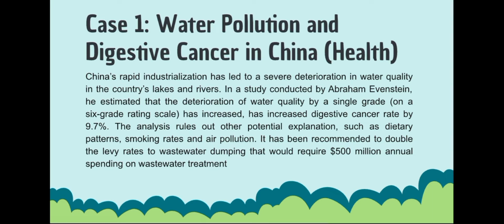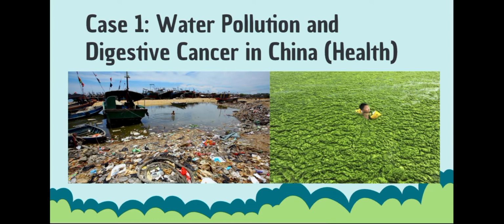The analysis rules out other potential explanations, such as dietary patterns, smoking rates, and air pollution. It has been recommended to double the levy rates on wastewater dumping, which would require $500 million annual spending on wastewater treatment. So, this is actually a huge problem for China right now.